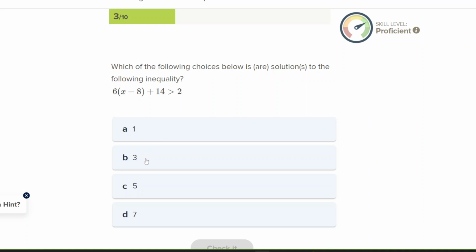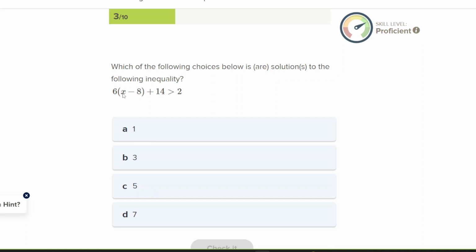How about 3? Again, 3 in for x. 3 minus 8 is negative 5. 6 times negative 5 would be negative 30. Plus 14 would be negative 16. Is negative 16 greater than 2? No, it is not. So 3 is not a solution. How about 5?